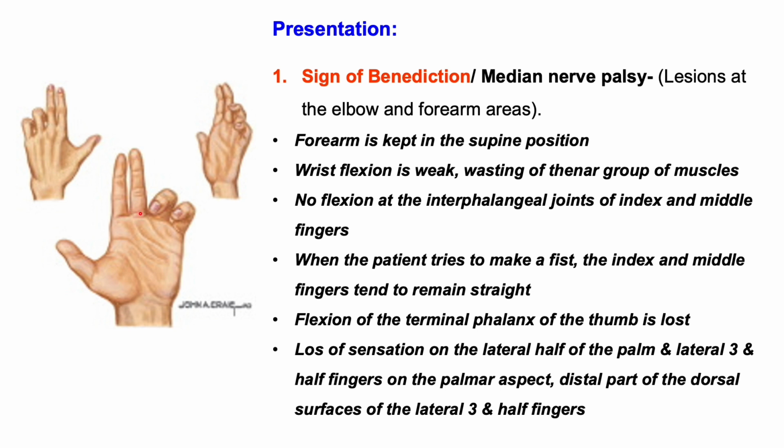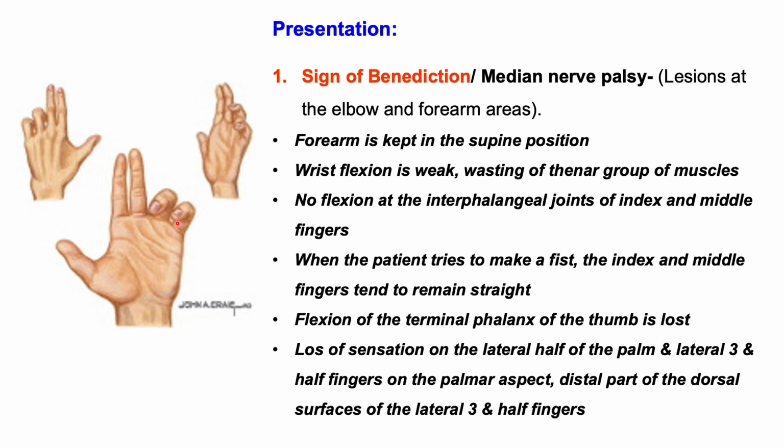But for the fourth and the fifth digits, which is here, it is not much affected. There will be weakness, because that will be helped by the lumbricals and other muscles, the hand muscles. So there will be weakening of the flexion of the proximal interphalangeal joint, but there won't be complete loss.